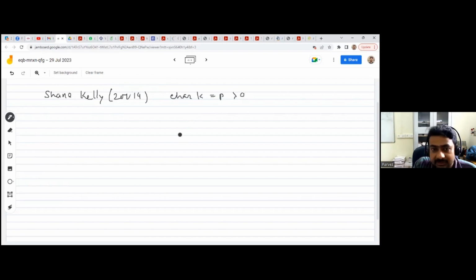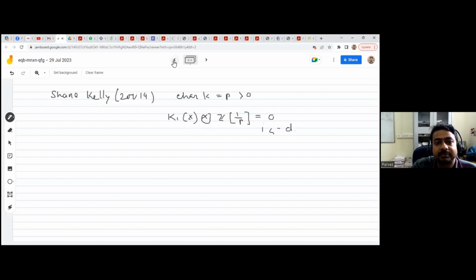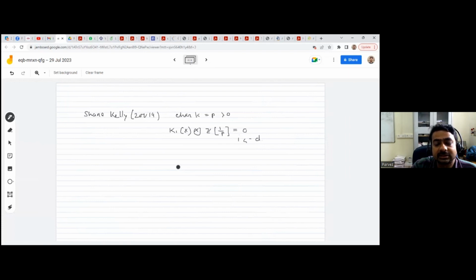Then this K-theory K_i(X), which is an abelian group, if you tensor with Z[1/p], so after inverting p, he said that in characteristic p case it is zero for i less than or equal to minus d. Okay, so this is more or less the history about this vanishing conjecture and results. So what happens?